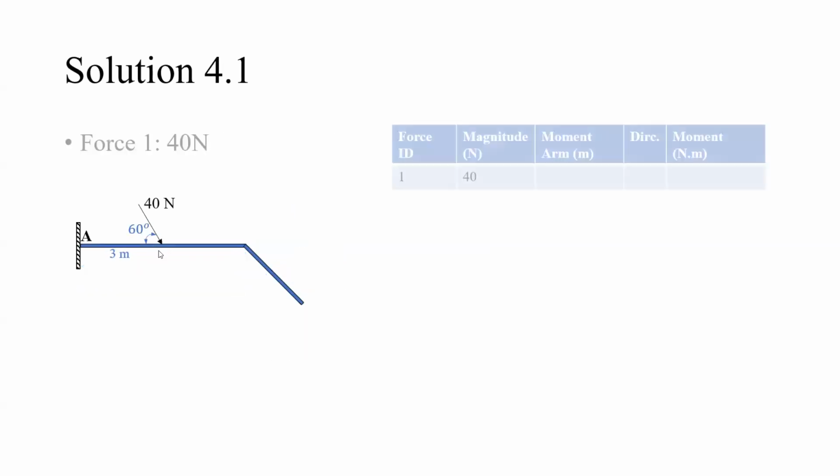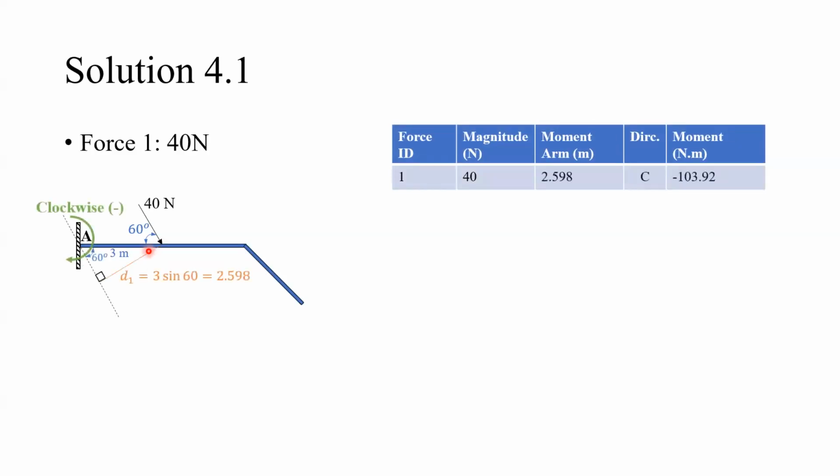First, I want to start with the first one, having the 40 Newton value. To compute the perpendicular distance, the moment arm r, I draw a line parallel to the 40 Newton force that passes through point A. That line shows the perpendicular distance, and after drawing it, you can see a triangle occurs. With the help of the triangle, we compute the perpendicular distance as 3 times sine 60, which is equal to 2.598.